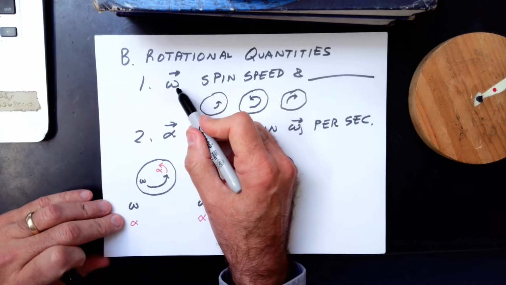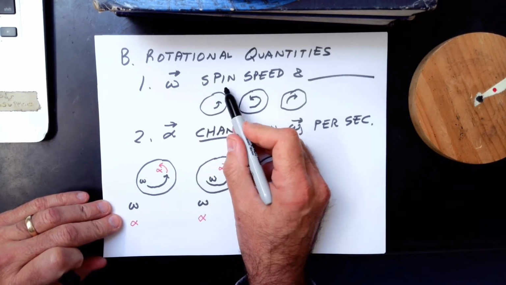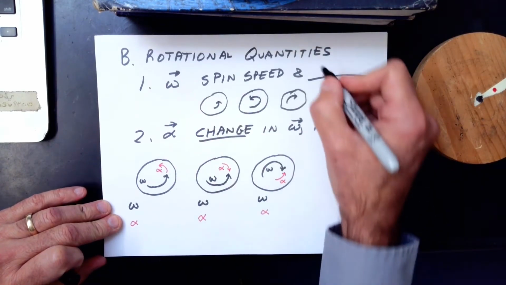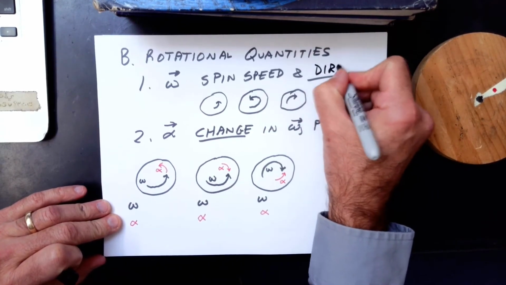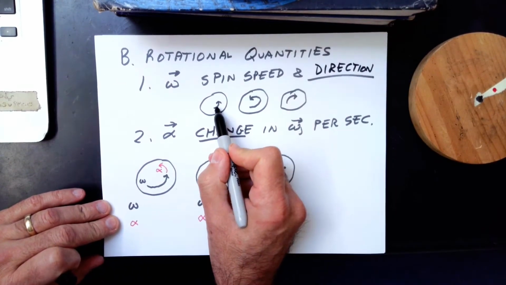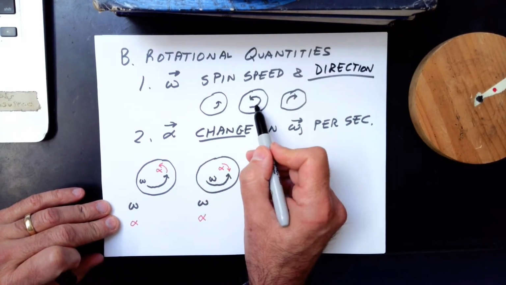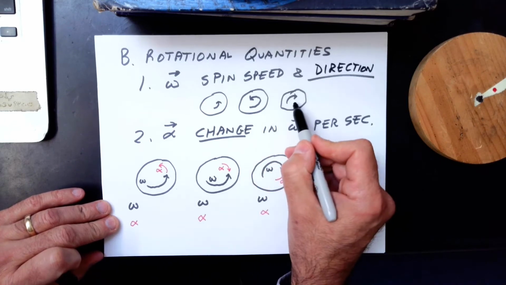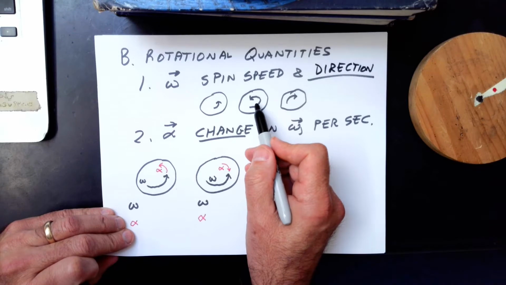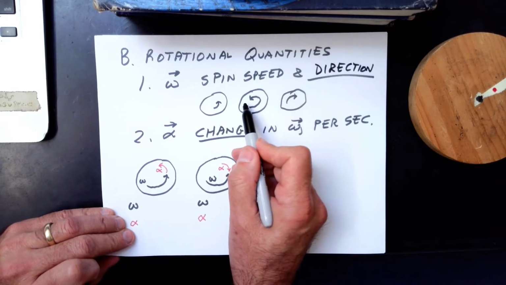So we represent that with the symbol omega. It means spin speed, and what's the other thing that this omega tells us if it's got an arrow over it? It means spin speed and direction. That's what that symbol means. So here's a small speed counterclockwise, there's a larger speed counterclockwise, and there's a speed clockwise. So this covers the different things. The speed can be small or big, and it can be clockwise or counterclockwise.